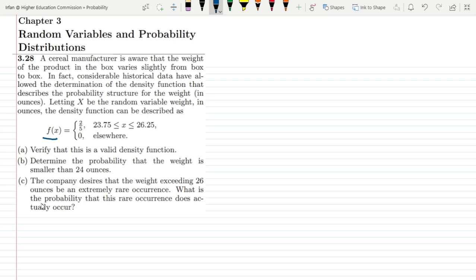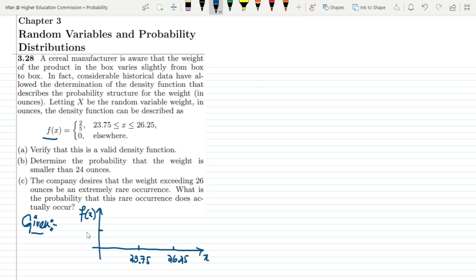Okay, so in the given data we can see that this is basically f of x, this is x, and it only lies between 23.75 up to 26.25, and the value of it is 2 by 5.